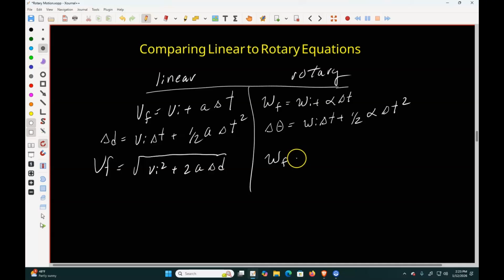The final angular velocity is equal to the square root of the initial angular velocity squared plus 2 times angular acceleration times the change in theta. All right, so we can use these very similarly. So therefore, it shows that linear formulas and rotary formulas are basically the same thing with just a different perspective or point of view.